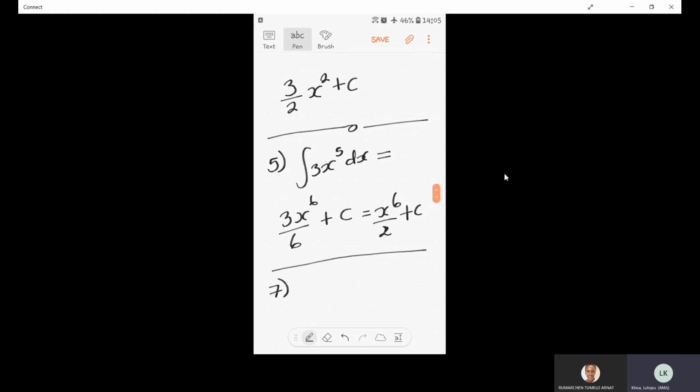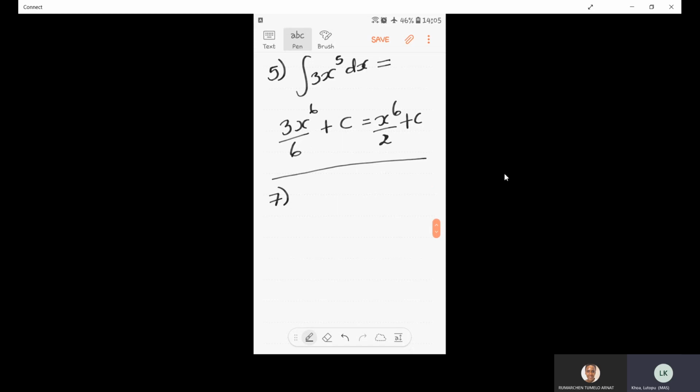Number 7, integral of dx over 5x to the power of 7. Now this one here, you can look at it like this. This is the integral of 1 over 5x to the power of 7 dx.